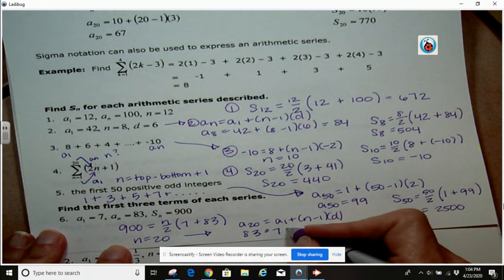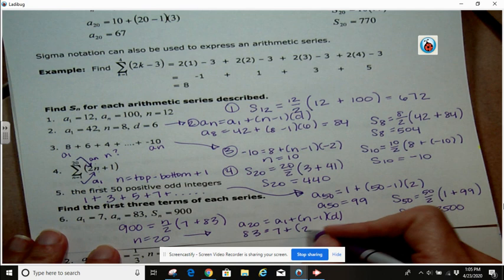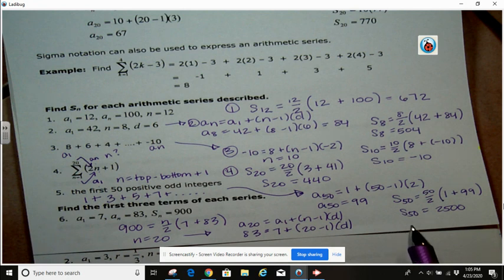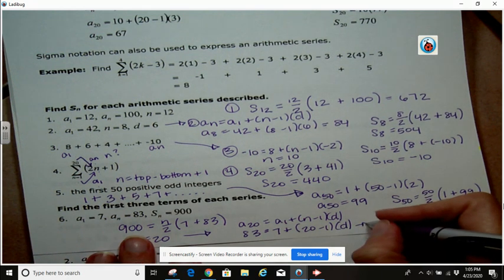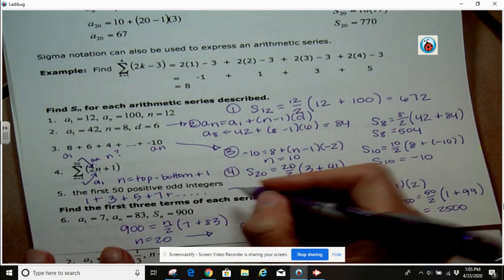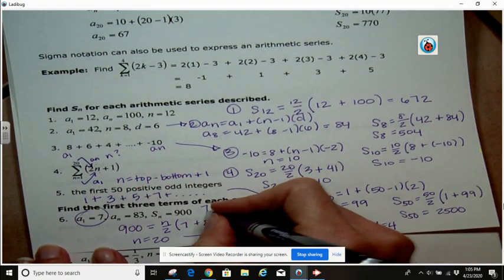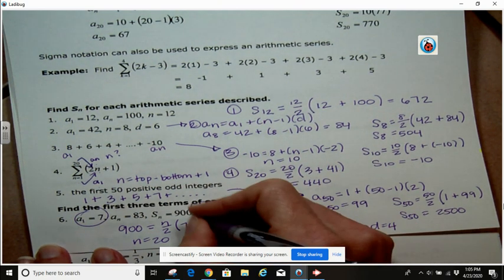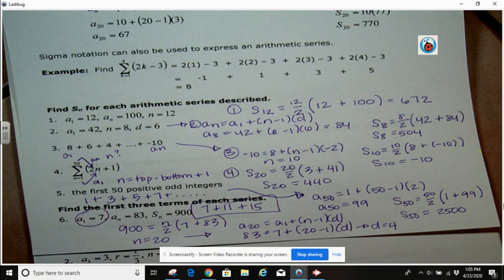First term is 7, n is 20, and I can find d. And that way I can figure out that d is equal to 4. And now I can answer the question, what are the first 3 terms? Well, the first one is 7, plus 4 is 11, plus 4 is 15. Those are the first 3 terms of the arithmetic series.